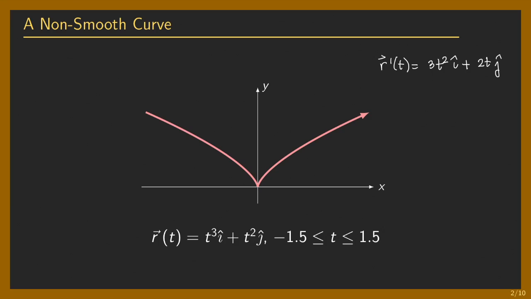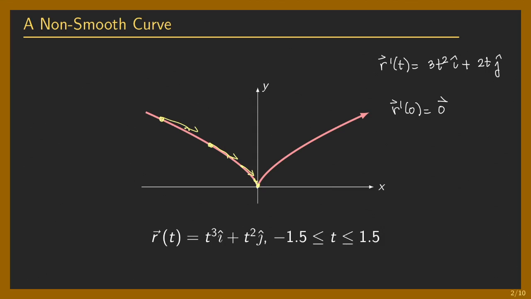It means that as t approaches 0, the tangent lines seem to vanish, and finally when t is 0, notice that r prime of 0 is the zero vector. So at this point, the tangent vector is just a single point.